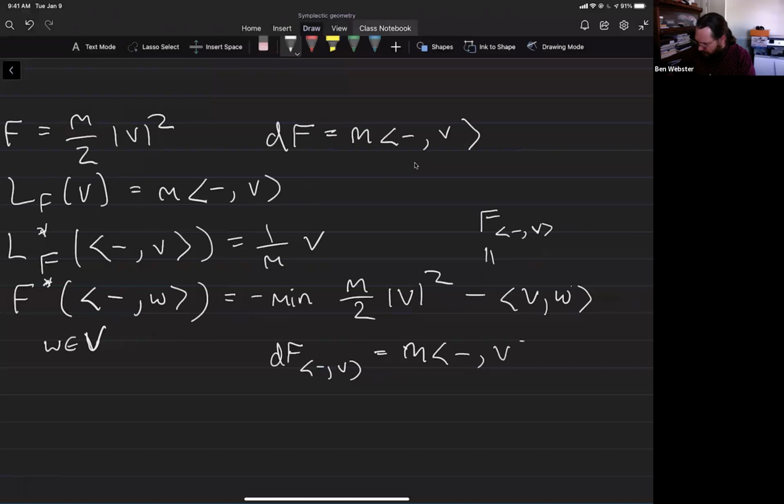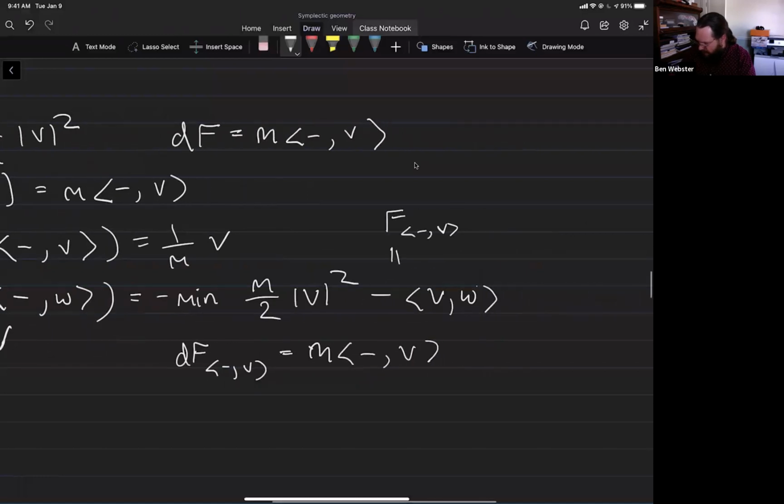So the derivative of that is m times this minus the pairing with w. So the minimum is when mv is equal to w, or where v is equal to 1/m w.